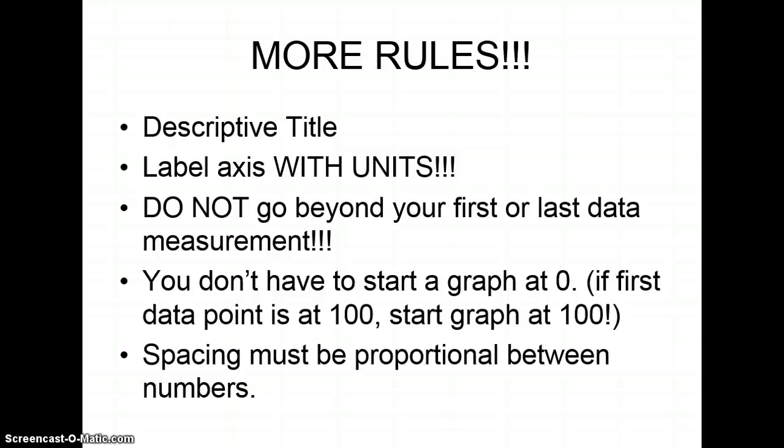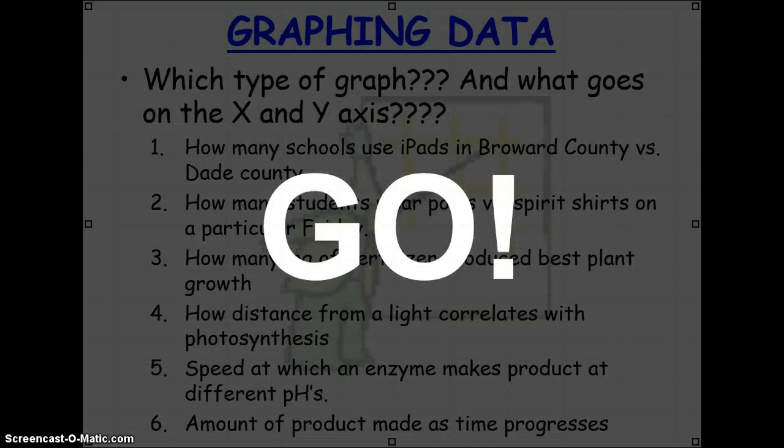To fill this space, I should put it in 10s, 10, 20, 30, 40, 50, 60, or 20s, 20, 40, 60, or maybe you have enough space to do it by ones. But you come up with a scale and then you add your data. Don't just say, okay, I only have 3 numbers, 10 seconds, 30 seconds, and 60 seconds, so I'm going to equally space and do 10, 30, 60. That doesn't make any sense because you don't have even spacing between your numbers.